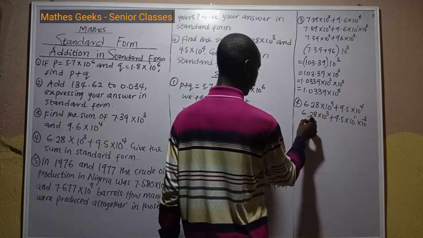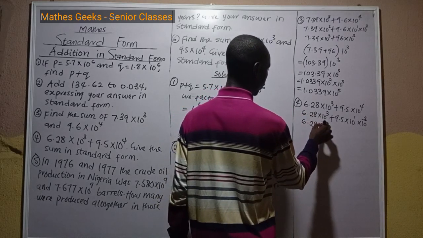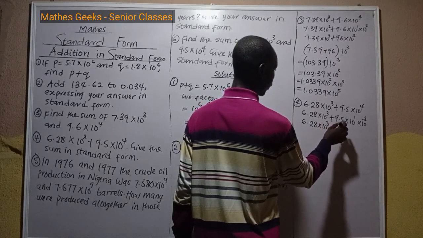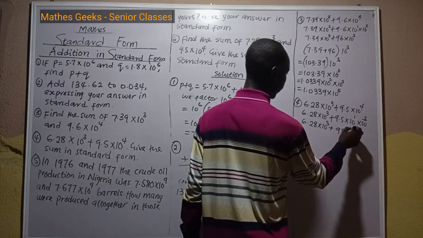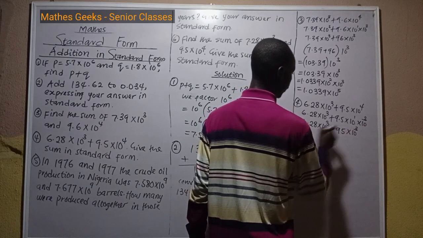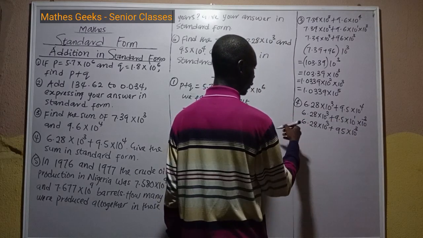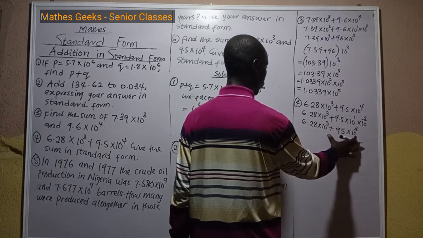This is equal to 6.28 times 10 raised to the power 3. Then we will simplify this part. This will give us plus 95 times 10 raised to the power 3. So now we can factor 10 raised to the power 3 out because it's common to both.